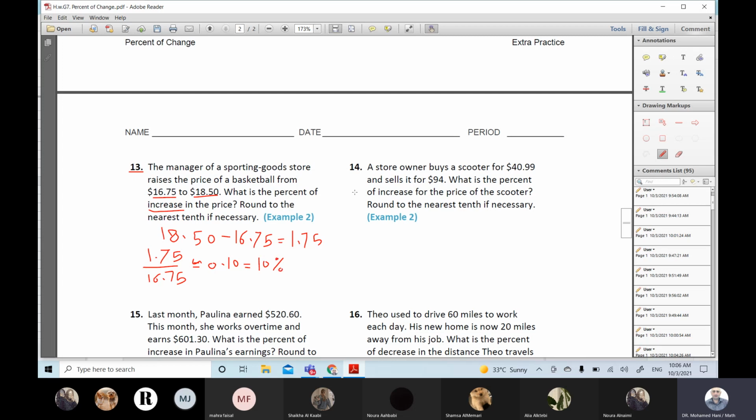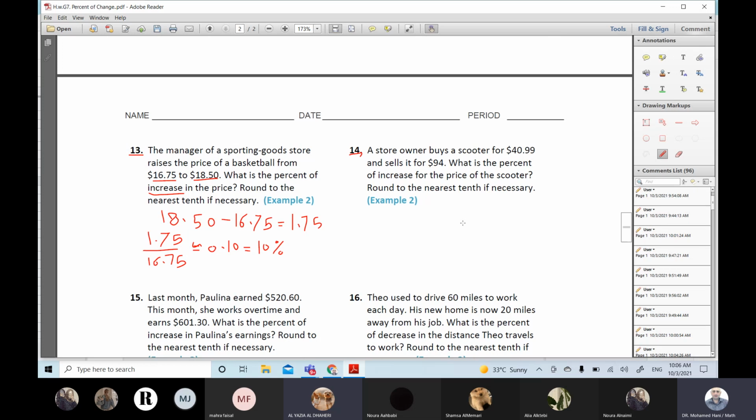Who can read exercise number 14, please? Aliazia, please. One buys a scooter for 40.99 and sells it for 94.